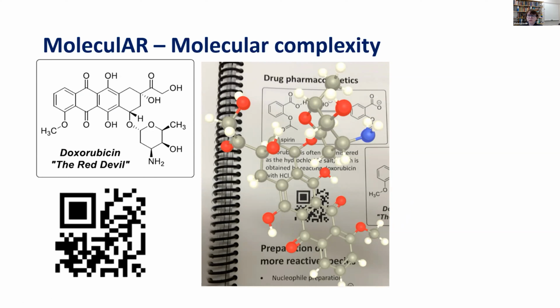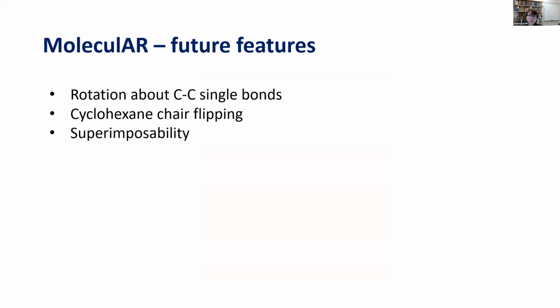This is a screenshot that I took. It was a way for us to awe our students when it comes to what organic chemistry can look like. We talk about doxorubicin in the context of acids and bases a little bit. These are some of the applications of the app.